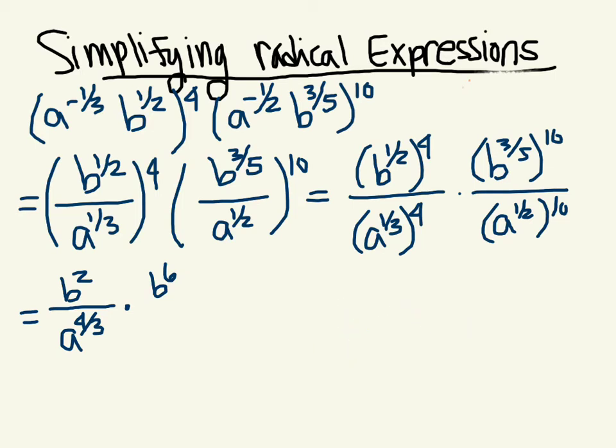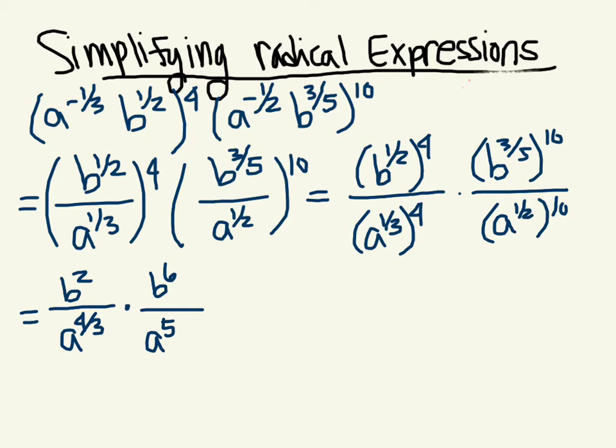Okay, next up, we've got one more to look at, and that's a to the 1/2 to the 10. So what's 1/2 times 10? Well, that's the same thing as asking what's half of 10, which is 5. So a to the 5. Now we're almost done.